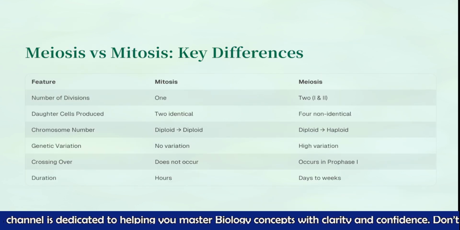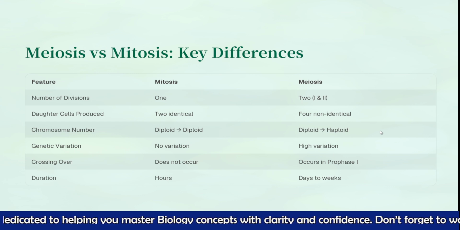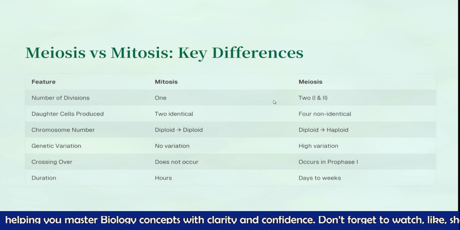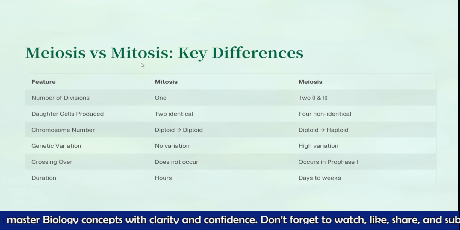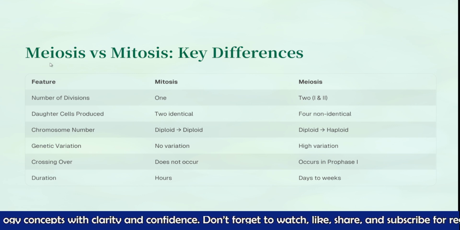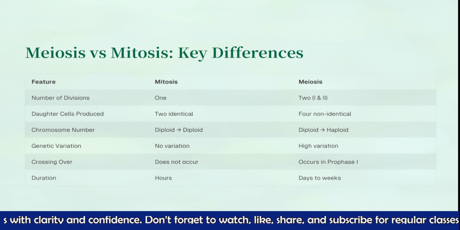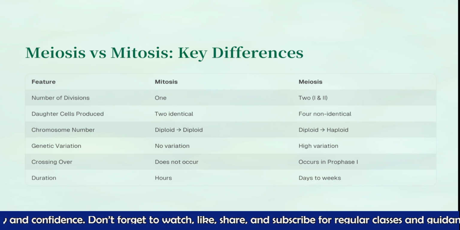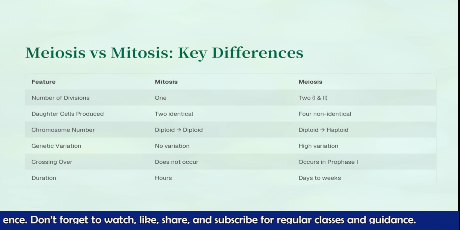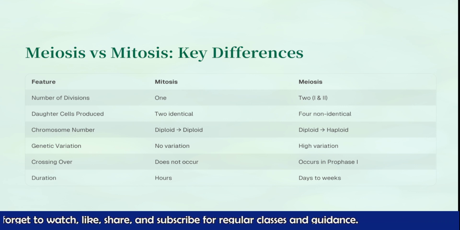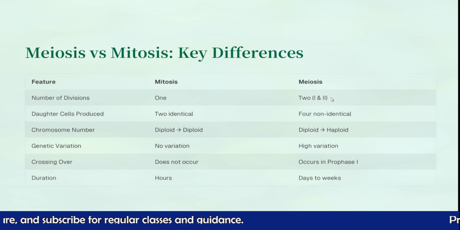Now, for conclusion, we will compare the two types of cell division, mitosis and meiosis. We know that mitosis happens in somatic cells, and meiosis happens in germ cells. The number of divisions in mitosis is only one, but in meiosis you can see meiosis 1 and meiosis 2.